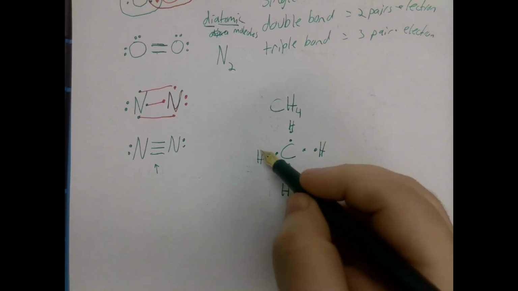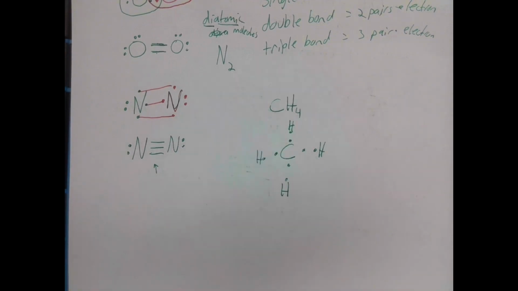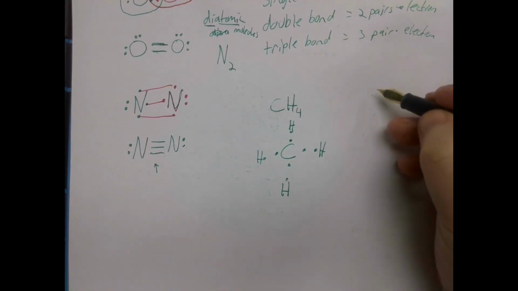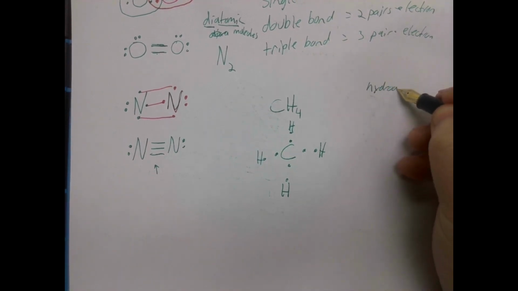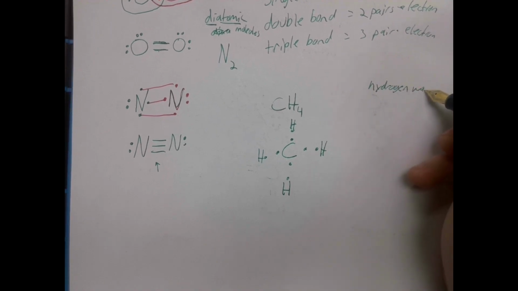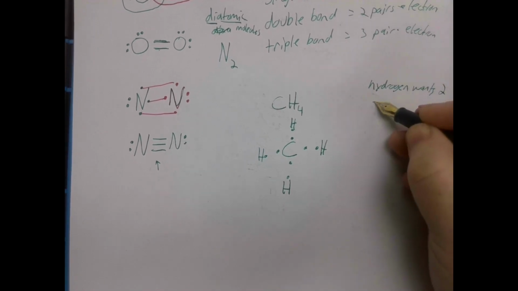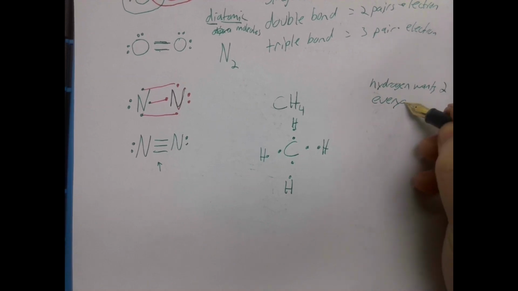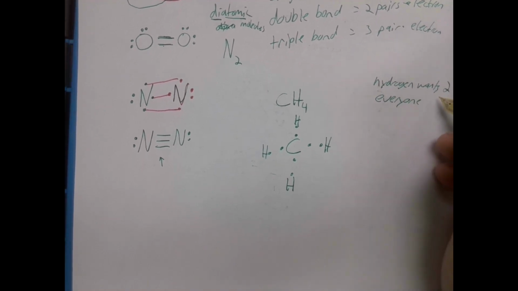So how many does hydrogen want around it? Hydrogen wants 2 electrons, is the assumption. So hydrogen wants 2. Everyone else wants 8.